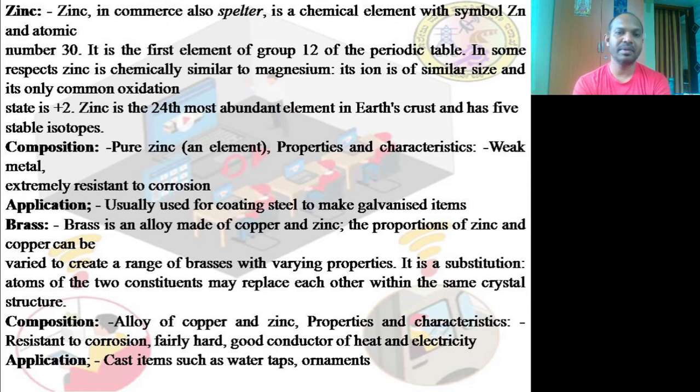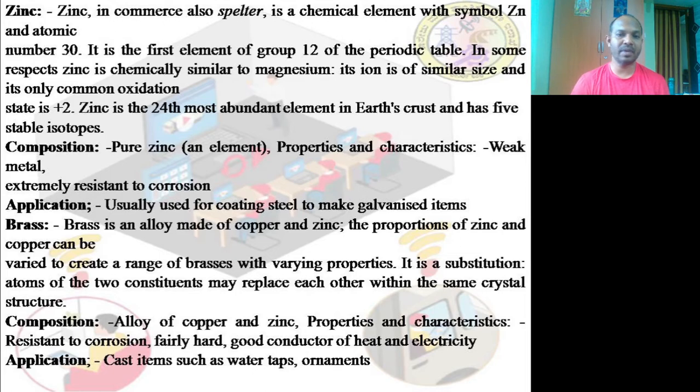Its ion is a similar size, and its only common oxidation state is +2. Zinc is the 24th most abundant element in the Earth's crust and has 5 stable isotopes.